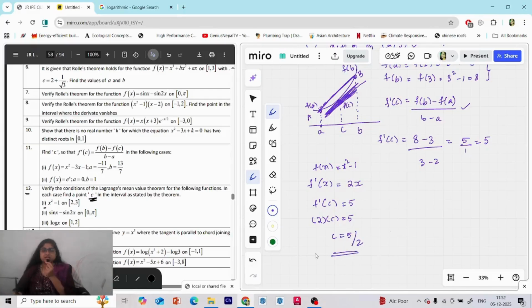That's it. Does 5/2 belong to this interval 2, 3? 5/2 is 2.5, so it belongs. The answer works.